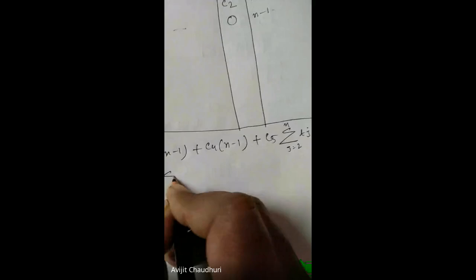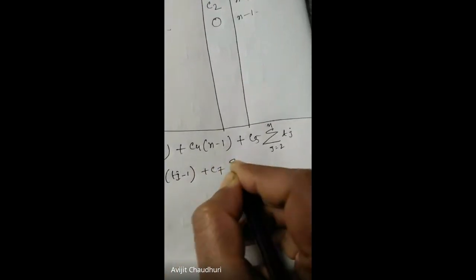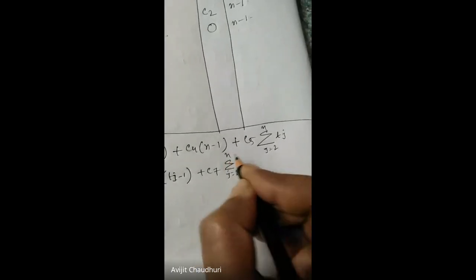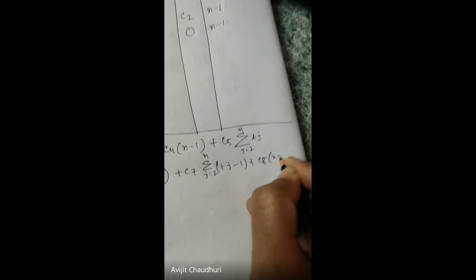Just calculate this one. C5 into sum of j is equal to 2 to n Tj, plus C6 sum of j is equal to 2 to n Tj minus 1, plus C7 sum of j is equal to 2 to n Tj minus 1, plus C8 into n minus 1. Done. We have just multiplied. Simple multiplication, nothing else.